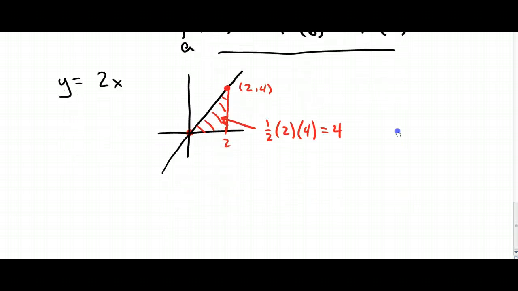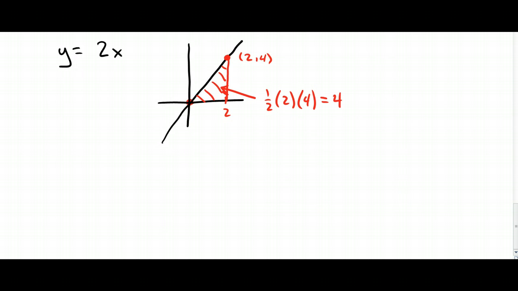Using the fundamental theorem of calculus, though, this is saying, okay, let's take the integral from 0 to 2 of 2x dx. The antiderivative of 2x is going to be x squared. And we're going to evaluate that from 0 to 2. This is the notation that we'll use after we take the antiderivative. My boundaries are from 0 to 2.